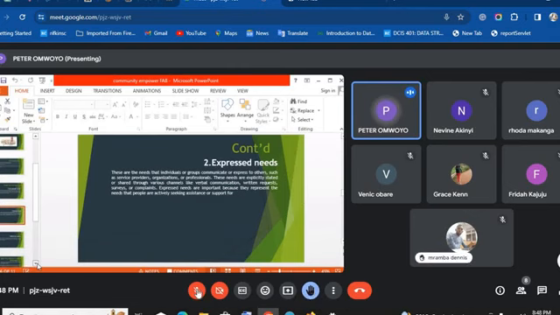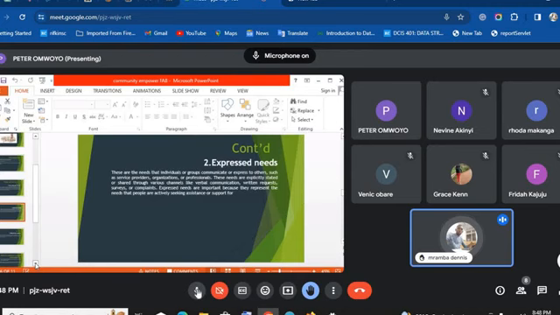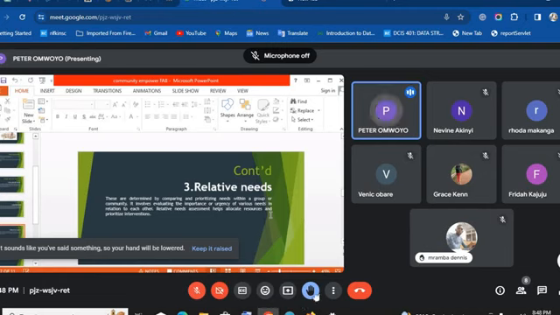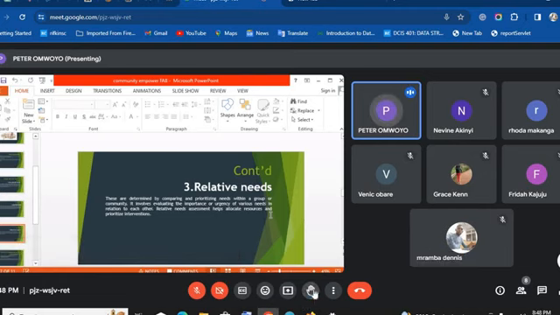Yes, Dennis? If I may try, can you have personal needs as an example of need? Yes, personal needs are there, but when we classify them under the three types of classification we are looking at here, we can classify them under the expressed needs.